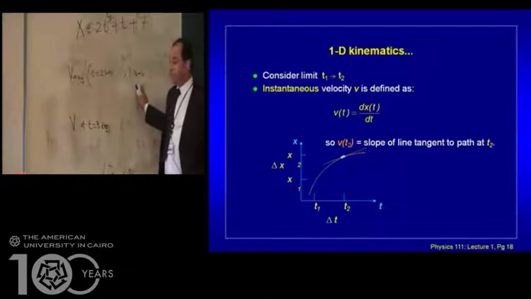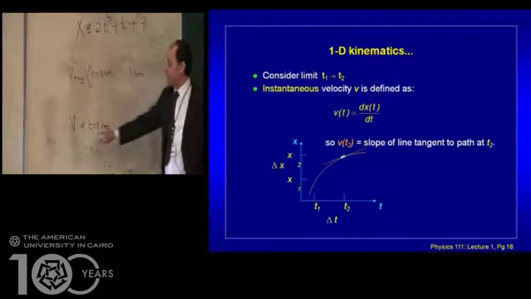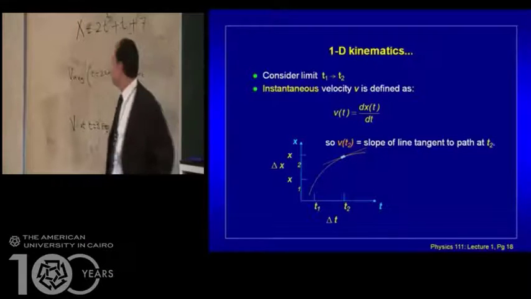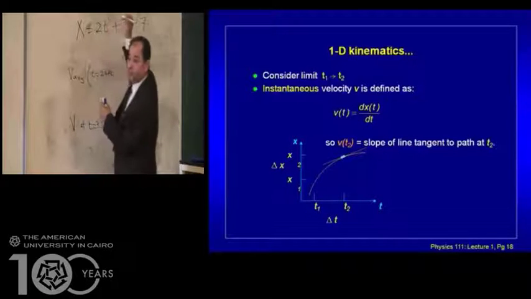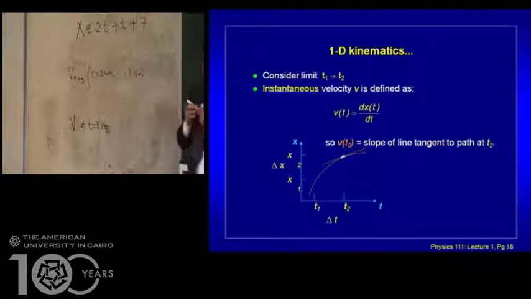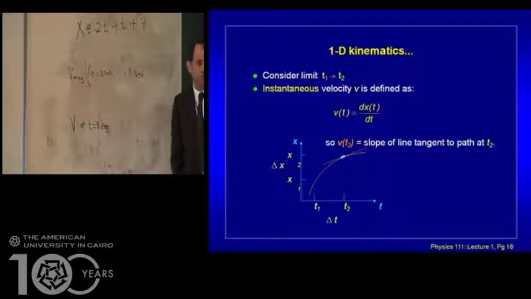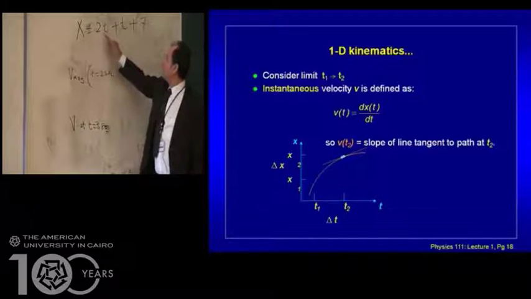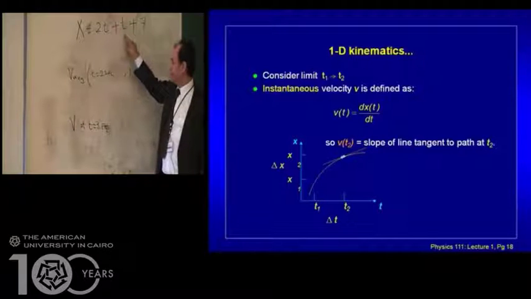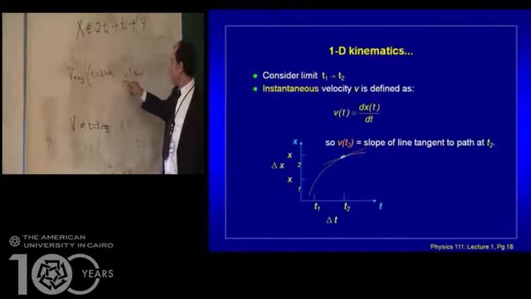The average velocity between time equal to 2 seconds and 1 second, and the instantaneous velocity at time equal to 3 seconds. x equal to 2t to the power 3 plus t plus 7.